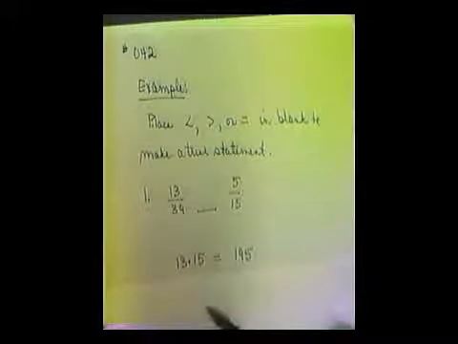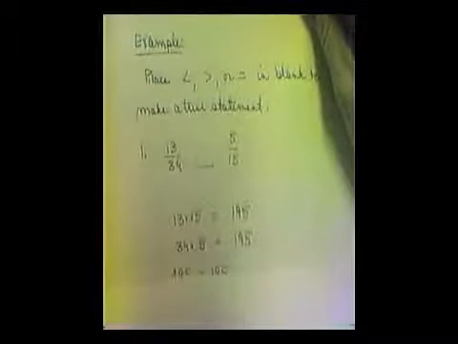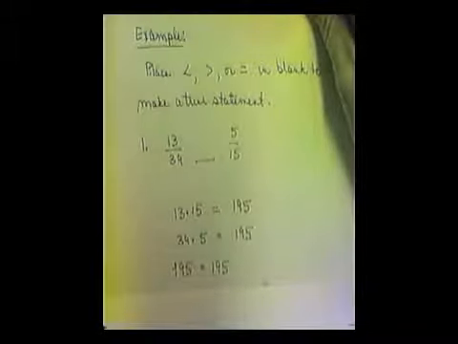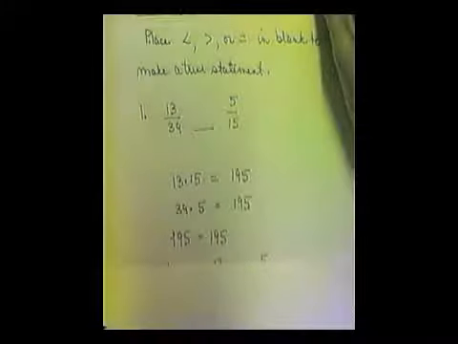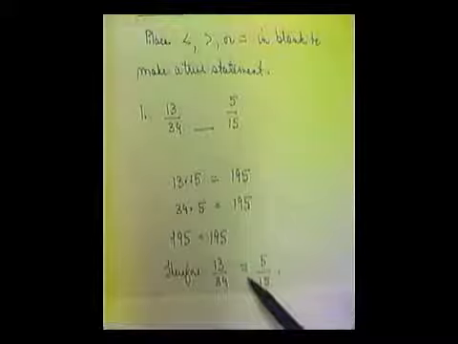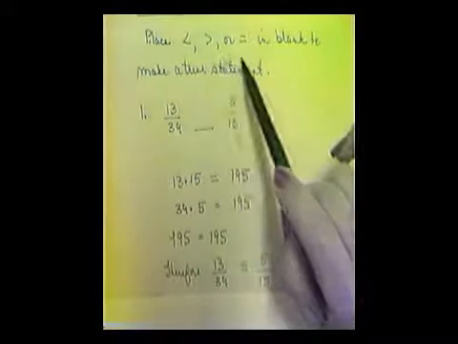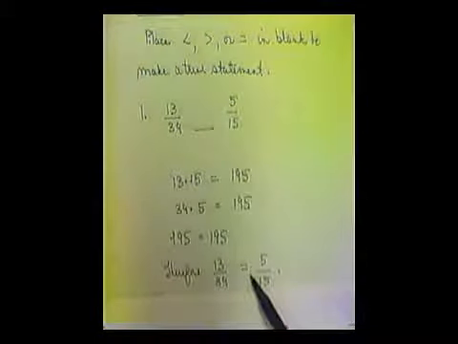The product of 39 times 5 is also 195. Since 195 is equivalent to 195, the ratios are equal. So the correct thing we're going to put in here, less than, greater than, or equal, is going to be equal.